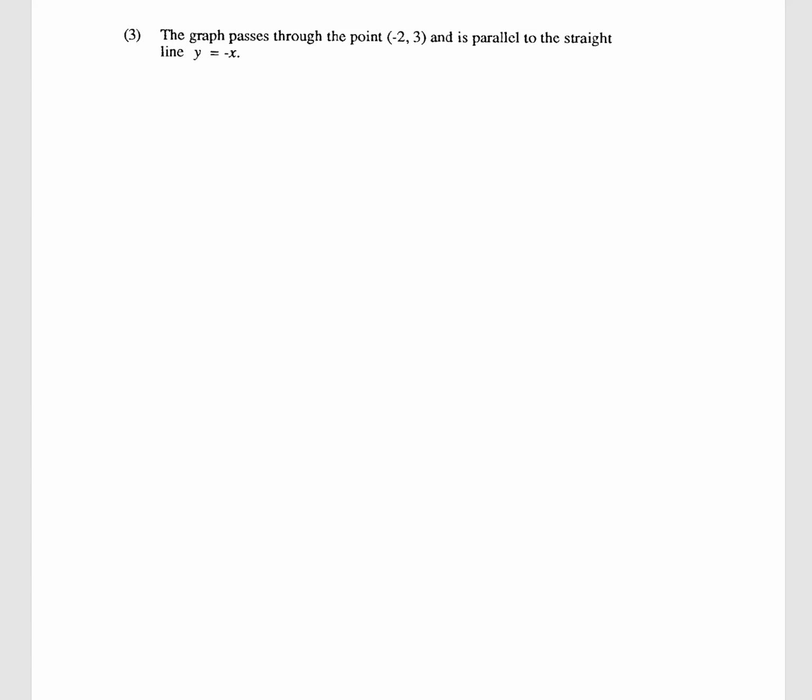In part 3, we've been told the graph passes through the point -2, 3 and is parallel to the straight line y equals -x. So the key bit of information to recognize here is that when lines are parallel, this means that they have the same slope.